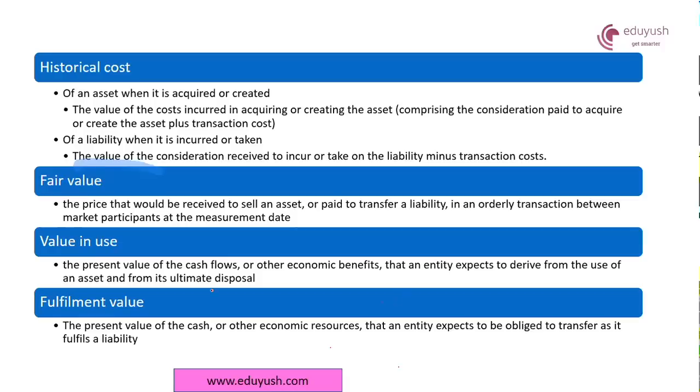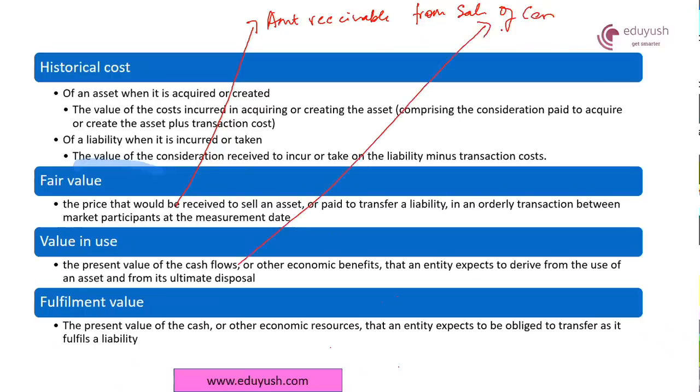So if you have a car, what would you receive from the sale of your car as of the current date? Okay. What is value in use? What you will receive from the use of the asset, the amount receivable from the use of the asset for the remaining life. Okay, got it. Thank you.